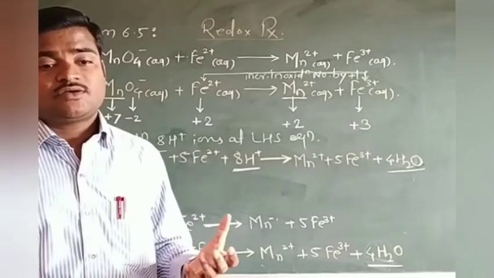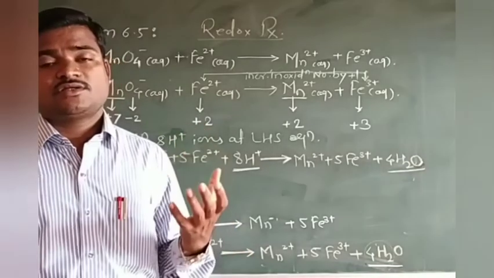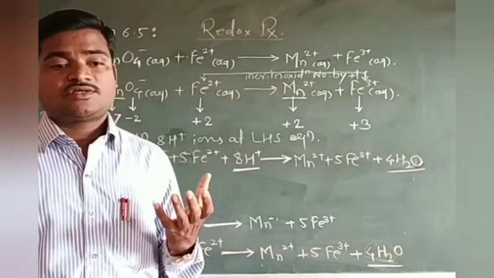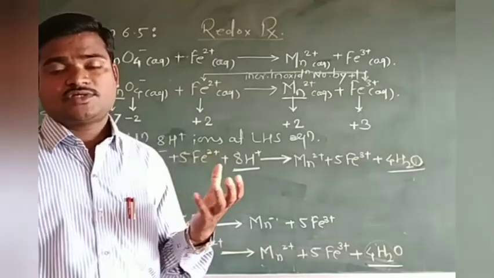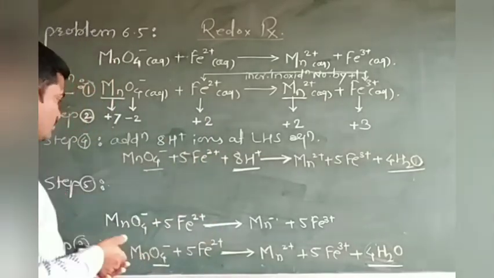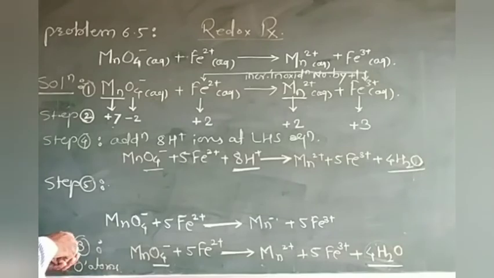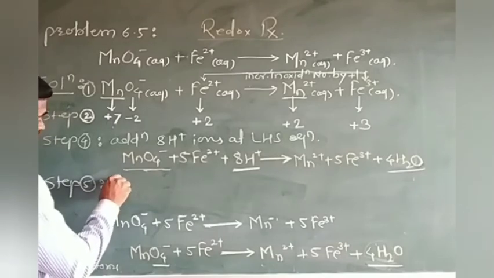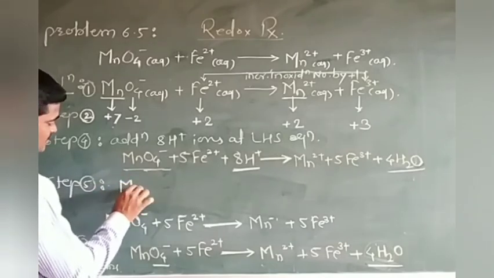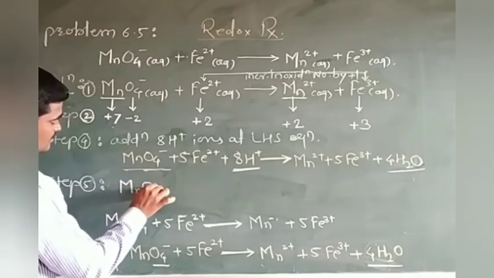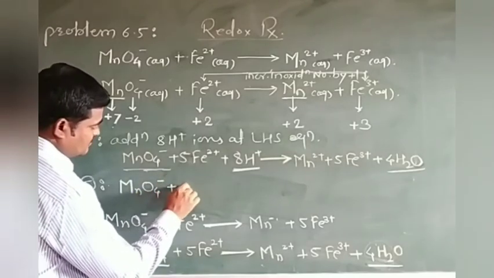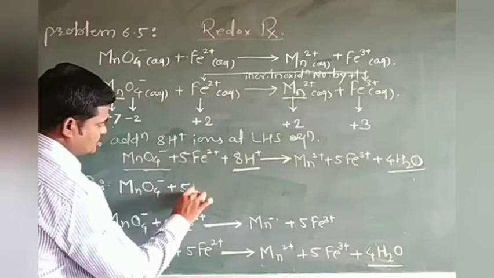Check the two sides of the balanced equation in terms of charges also, and the net ionic equation obtained which is now balanced, that you have to observe and rewrite here. So the given chemical equation is now balanced in case of charges, in case of oxygen atoms, in case of H plus ions also.